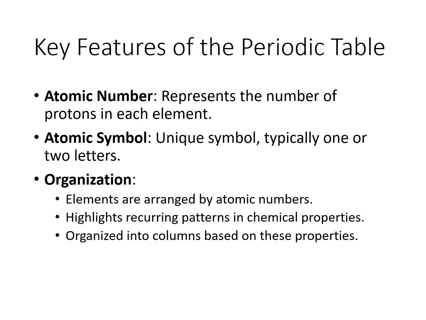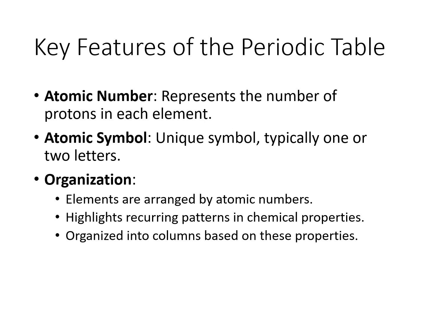The periodic table is packed with useful information. Each element is listed with its atomic number, which tells us the number of protons, and its atomic symbol, usually 1 or 2 letters. The elements are arranged in order of increasing atomic number, and this organization reveals repeating patterns in their chemical properties.